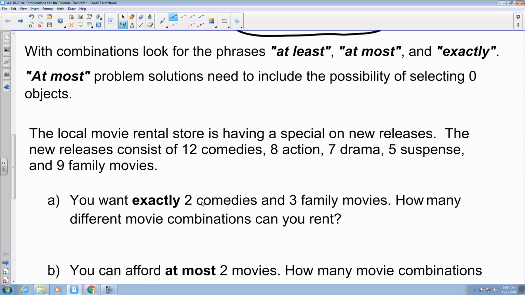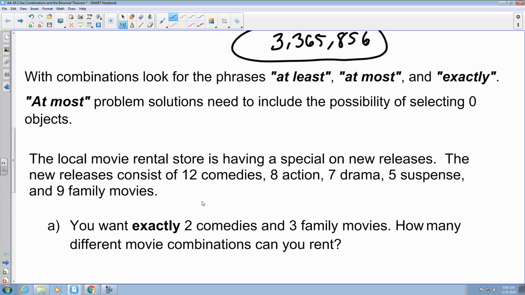Now, we have some combination phrases that we're going to take a look at, and we are going to utilize different operations that help us find the possible outcomes, because they have different objects in different numbers of arrangements depending on what the question is asking. Look at the phrases at least, at most, and exactly.